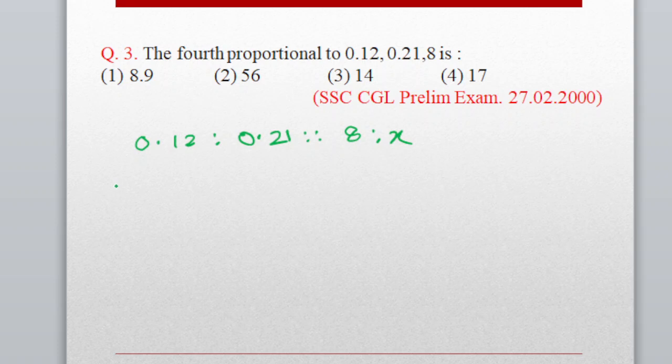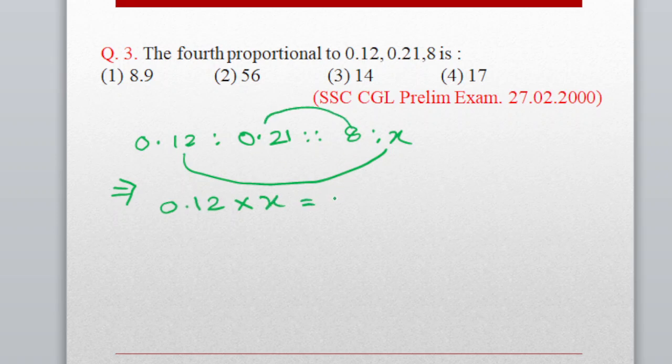So this implies here the product of extreme terms is equal to the product of mean terms. These are the extreme terms, product of extreme terms. That means 0.12 into x is equal to the product of mean terms. These are the mean terms. 0.21 into 8.